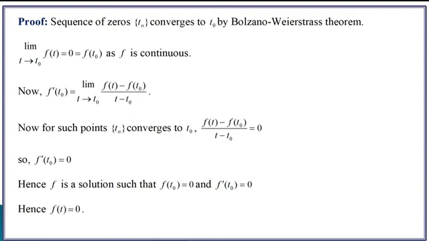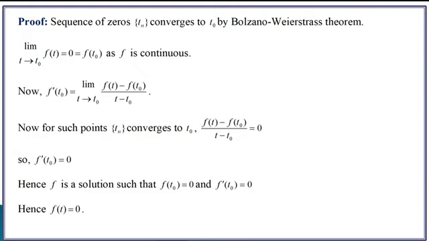So the sequence of zeros should converge to a point t0 by the Bolzano-Weierstrass theorem. And again f is continuous, so therefore the limit as t tends to t0 of f of t equals 0, actually f of t0. Now we have also assumed that the derivative exists.